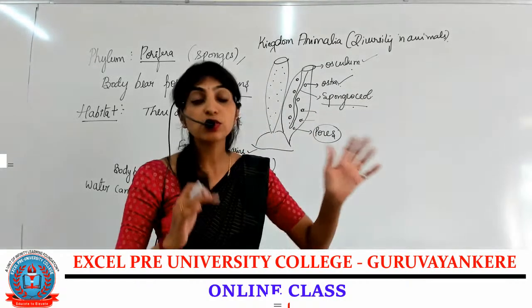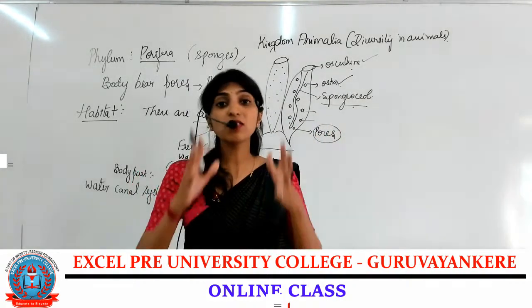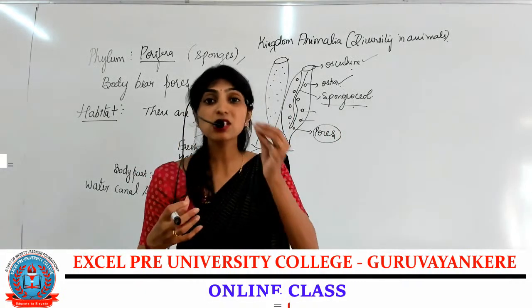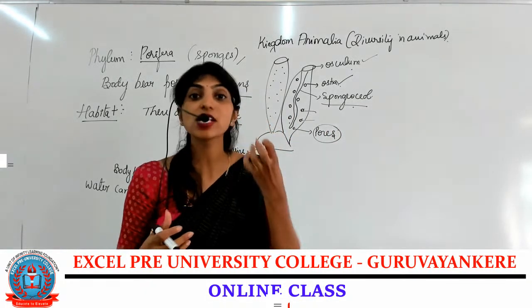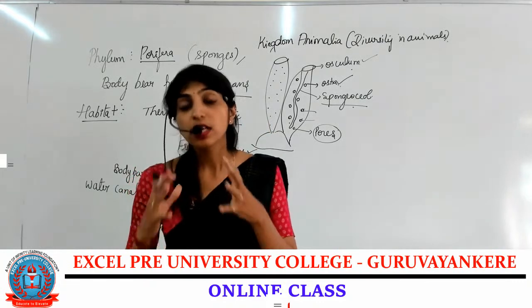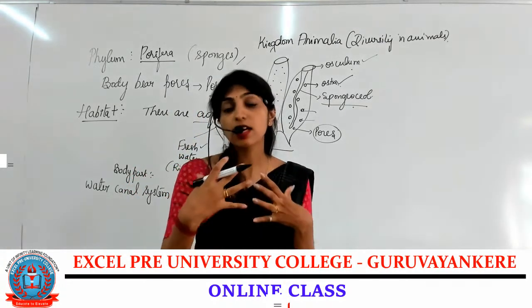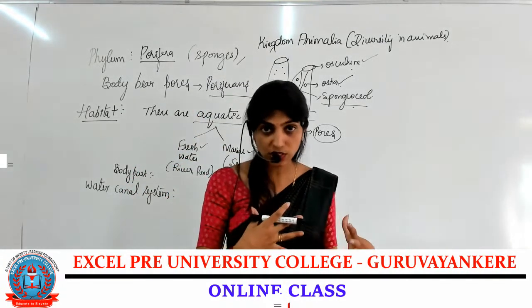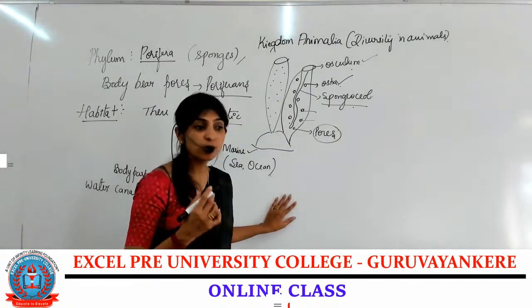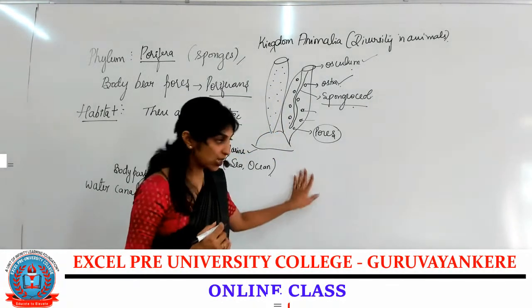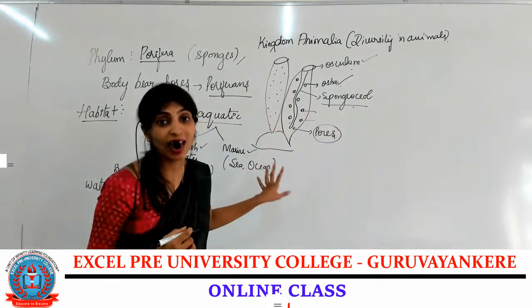But poriferans do not have a well-developed system. They just have a cellular level of organization. Yes, the cells are present. In our body, we have blood for circulation. But here, water is the medium of circulation. That is why they have the water canal system.